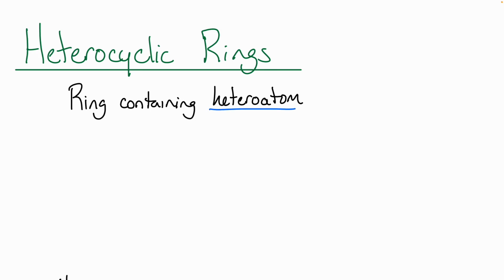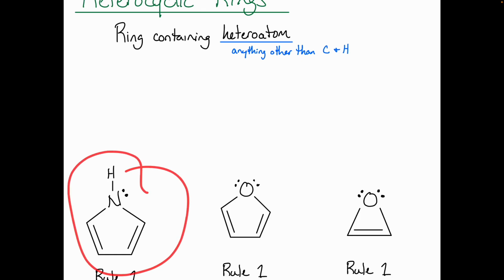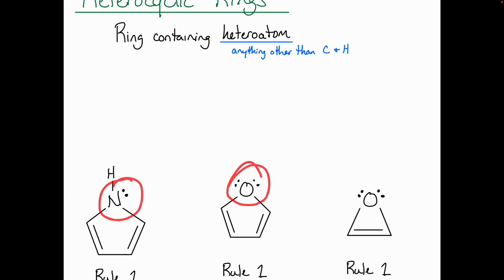Does anybody know what I mean by heteroatom in organic chemistry? A heteroatom would be anything other than carbon and hydrogen. All right, so these are ring structures that contain other atoms. So for example, a nitrogen or an oxygen in that ring structure.